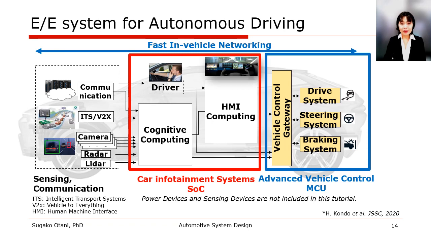Advanced vehicle control tightly interfaces cognitive computing and human-machine interface computing to react to changes in the external environment and to detect drivers' instruction and status in real time for safe driving. Power devices and sensing devices are not included in this tutorial. We'll focus on car infotainment systems, advanced vehicle control, and in-vehicle networking.